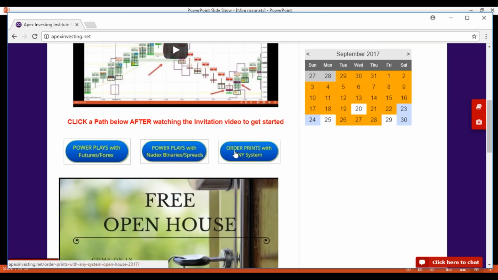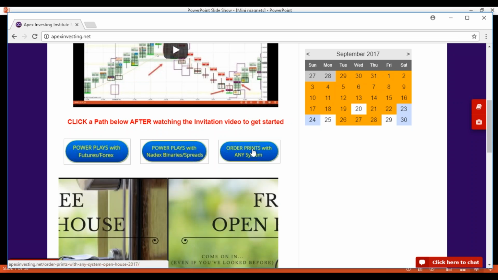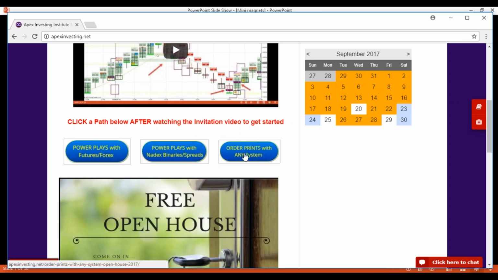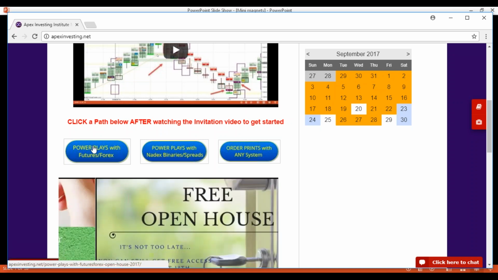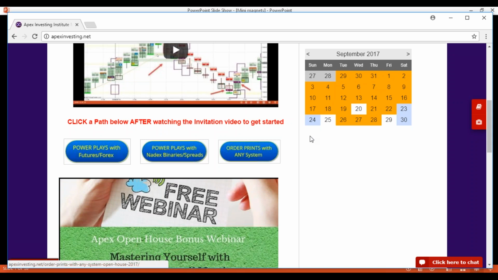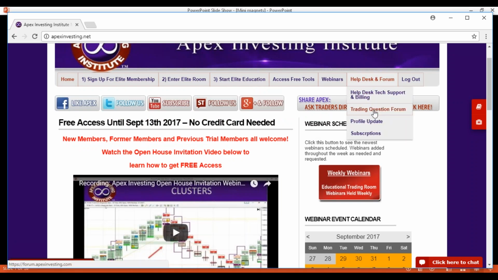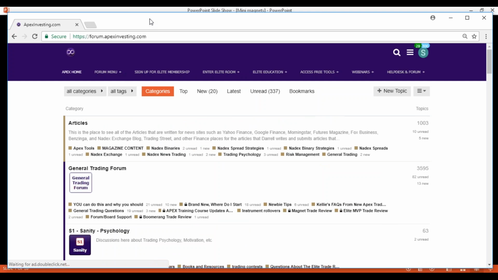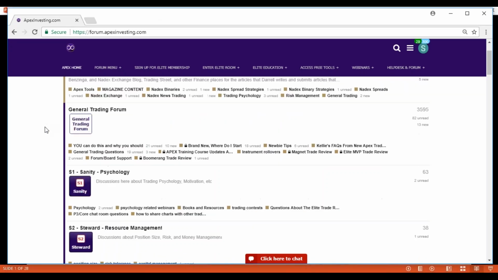So for those of you that chose order prints for any system, maybe you're trading other systems, maybe you just want to learn order prints, you watched the complete full training course on order prints. Any of you that went through the power plays watched a somewhat condensed version of the training course. In the full course, I got a little more detailed into order prints. So I just want to make sure that each of you knows where to go.